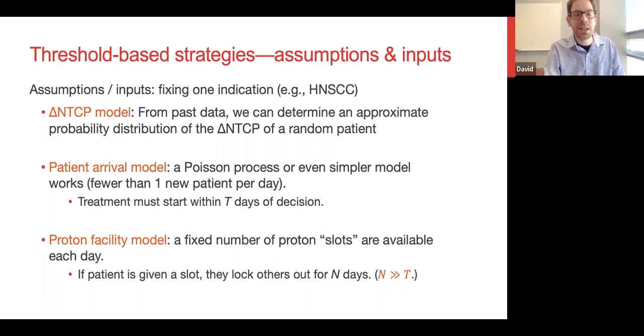It also means we can assume that in the proton facility, not the whole facility is available for patients with this particular head and neck cancer, which means the number of appointments is small. Going back to Josh's question, that's why our state space is small enough that we could solve the MDP without more advanced algorithms. If you had to schedule all of the appointments for all of the patients, that MDP would not be solvable using the standard methods.